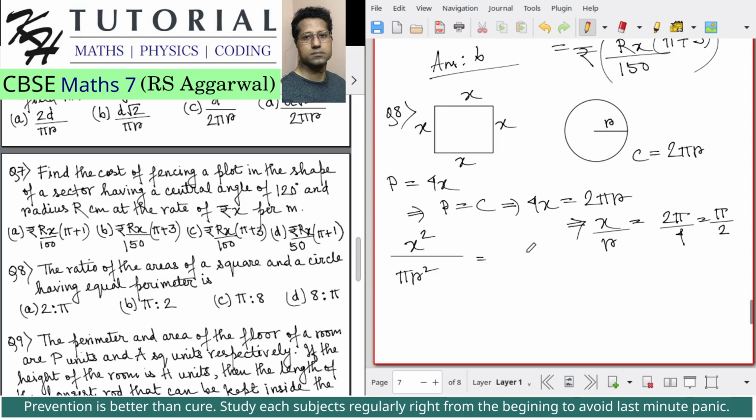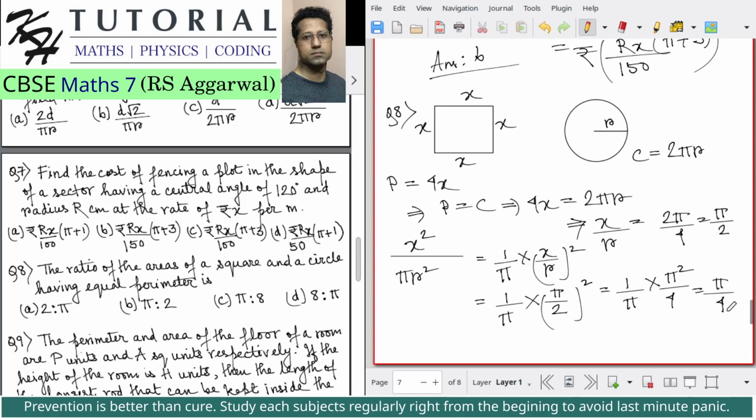This is equal to 1 by pi multiplied by x by r whole square. Now x by r is pi by 2, so this is pi by 2 whole square. This is equal to 1 by pi multiplied by pi square by 4, and this is equal to pi by 4. It should be pi is to 4, and we do not have any such choice.